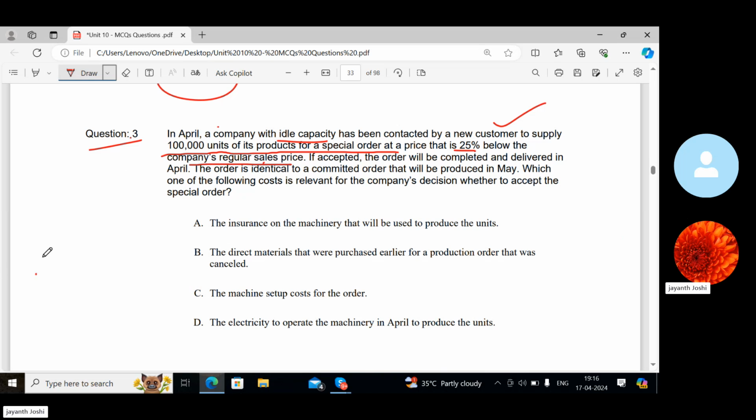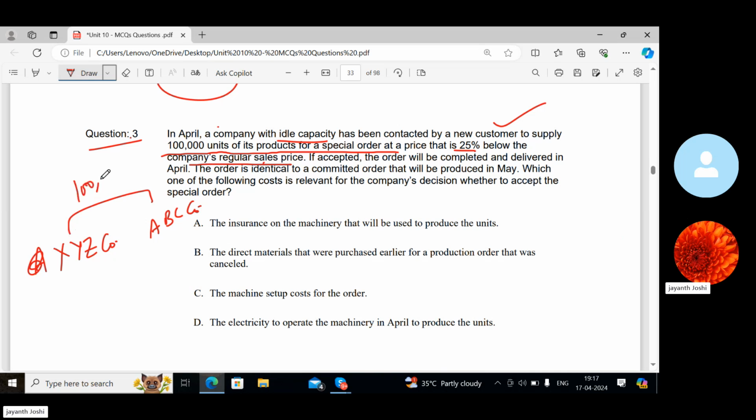There is a company, XYZ Corporation. It has an idle capacity, and this company has been contacted by a new customer, that is ABC company. For what purpose has ABC company contacted XYZ Corporation?